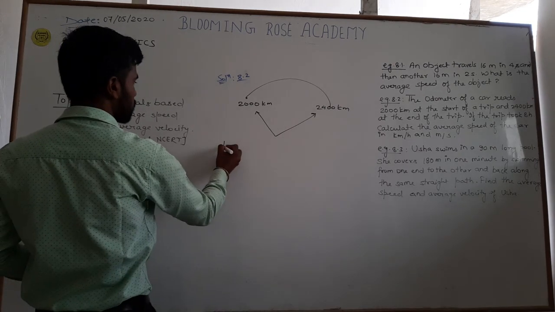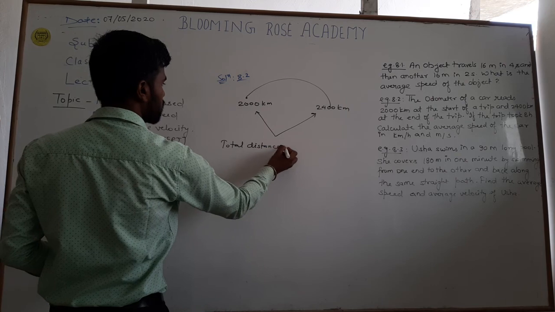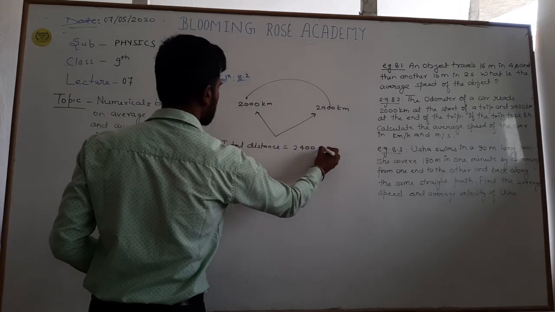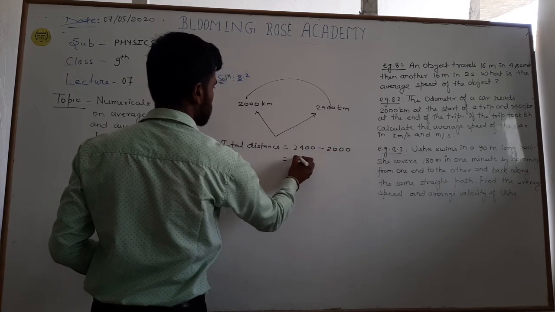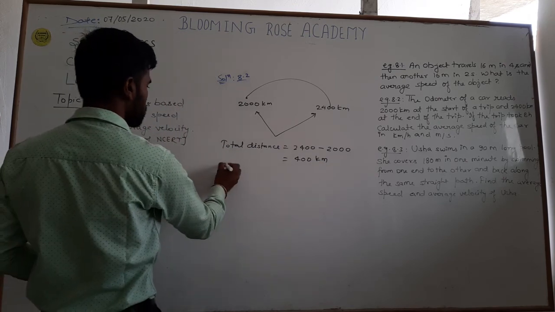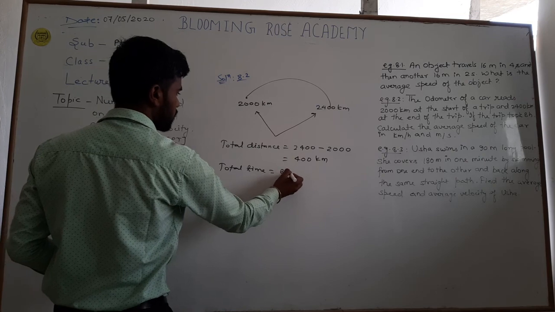Then total distance here is equal to final reading 2400 minus initial reading 2000. Here total distance is 400 kilometer and total time equals 8 hours.